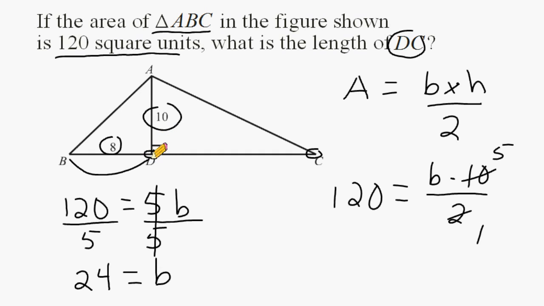So all we have to do is determine what is the length from D to C, so when we add it to 8, we would have a base of 24. So all we have to do is take 24 and subtract 8, and that would leave us with 16. So the distance of line segment DC is equal to 16 units.